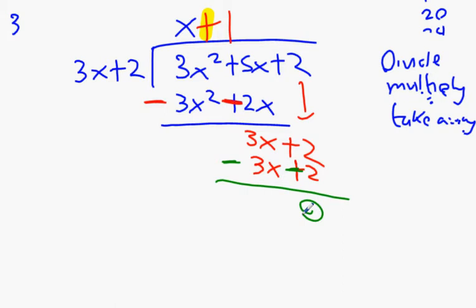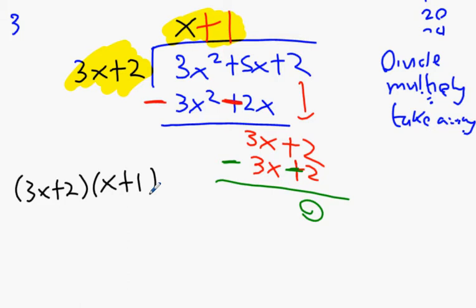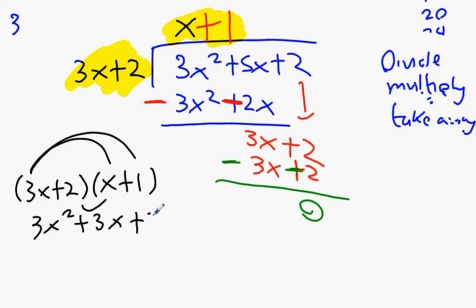Now, can anybody tell me what happens when I multiply this one by this one? Well, let's find out. 3x plus 2 multiplied by x plus 1. Would you agree with that? 3x times x, 3x times 1, 2 times x, 2 times 1.